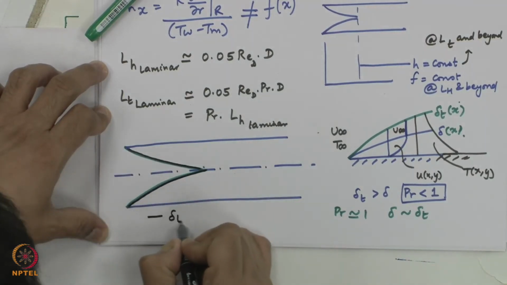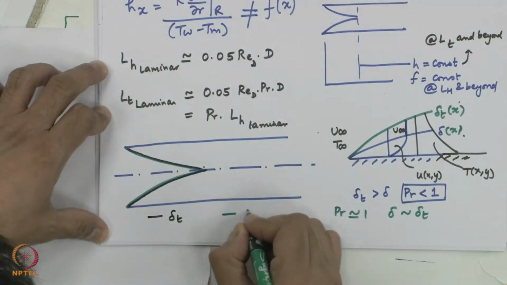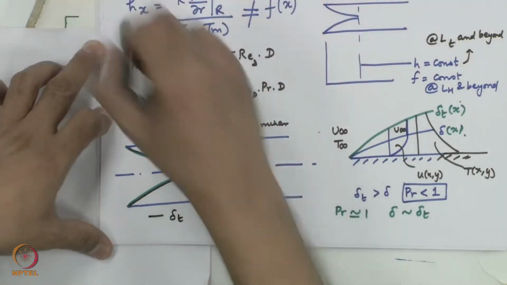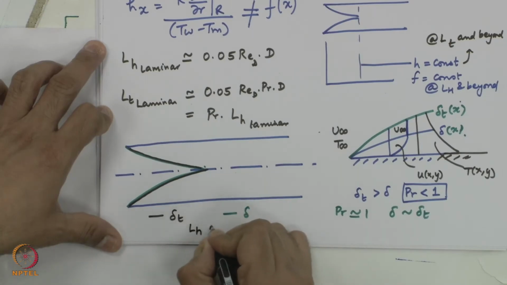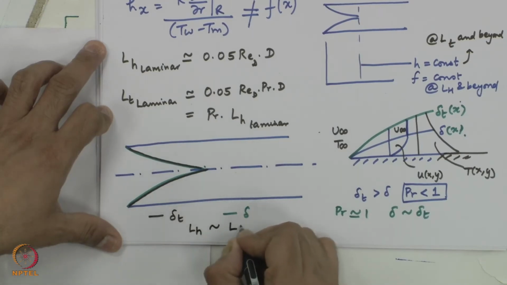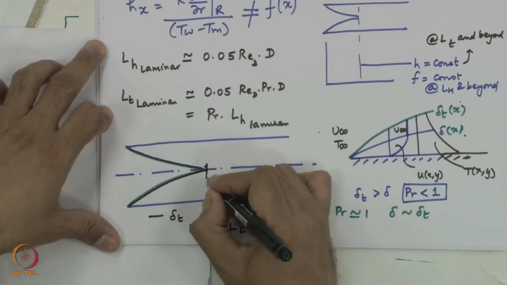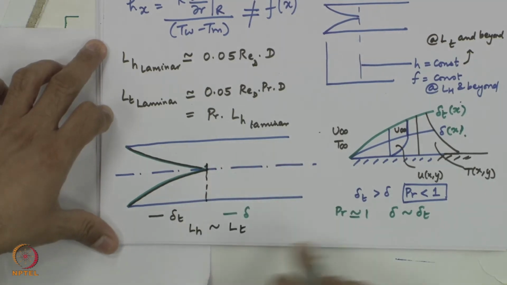This is the delta T, the green one is the delta. Both of them are growing at the same rate. So, L hydrodynamic is almost equal to L thermal. In this case, it is virtually the same. Prandtl number is approximately equal to 1.